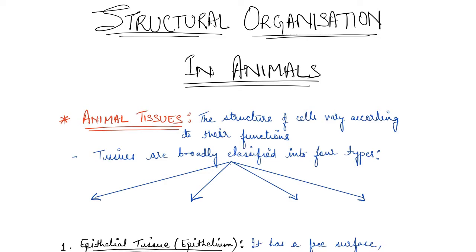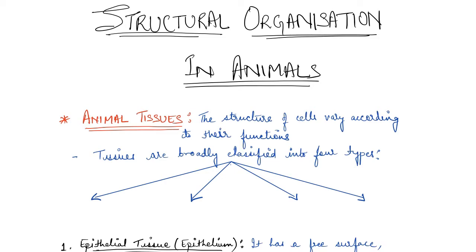Now, what exactly are tissues? As we know, the human body is composed of billions of cells which perform various functions. Now how do these cells work together?